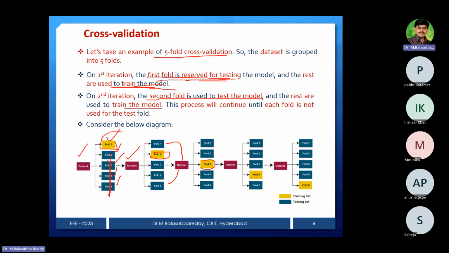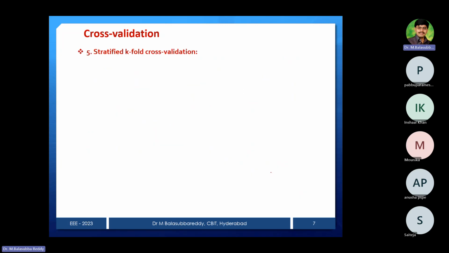And similarly for the others. We can see the colors also indicated here, for the testing set as well as the training set. So this way we are able to do it.